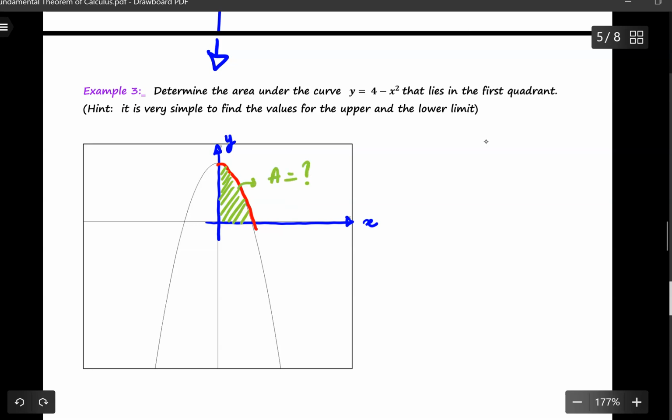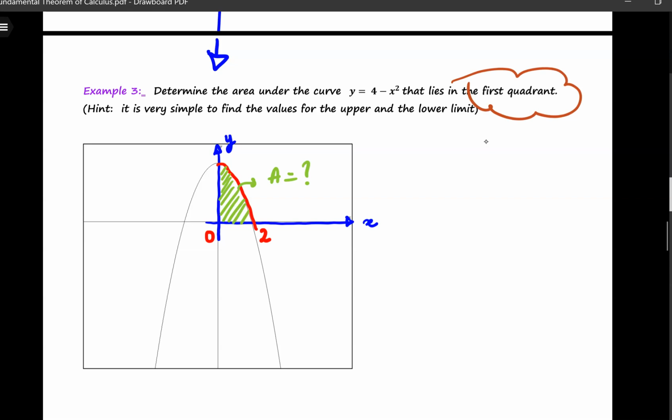To find this area, you are going to identify your upper and your lower limit. Your upper limit in this case will be equal to 2, and your lower limit is equal to 0, because they only want us to determine the area that lies in the first quadrant.